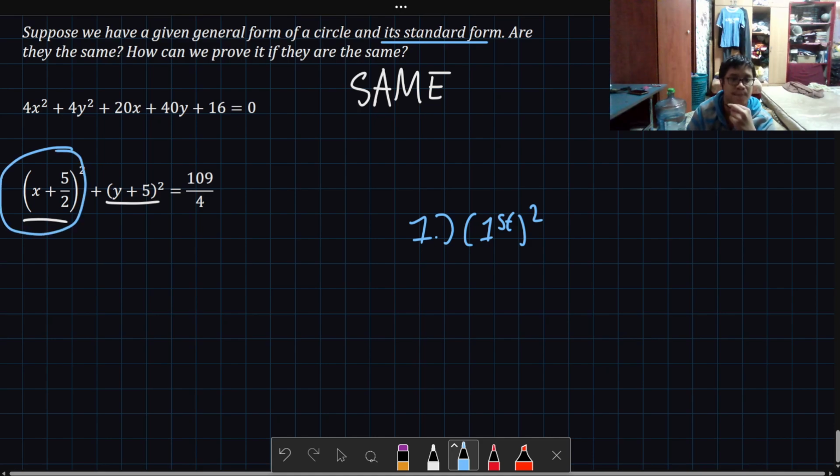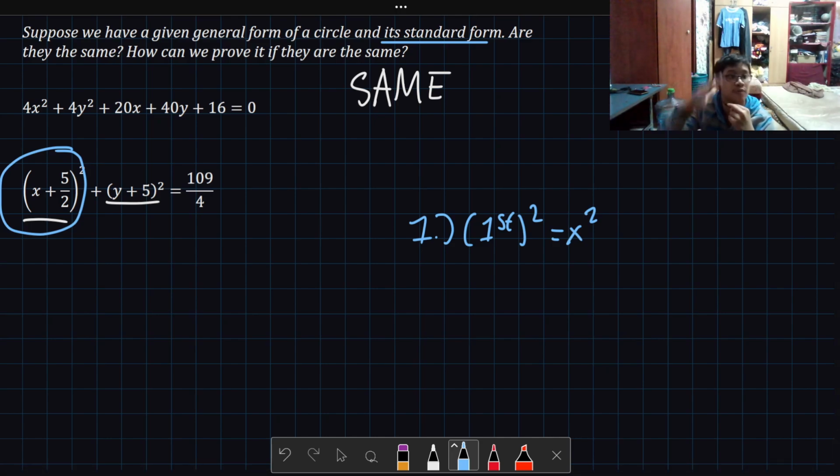First step is you square the first term. So what's the square of x? x squared. Remember, the first term is on the left side of the parenthesis, and the second term is on the right side.